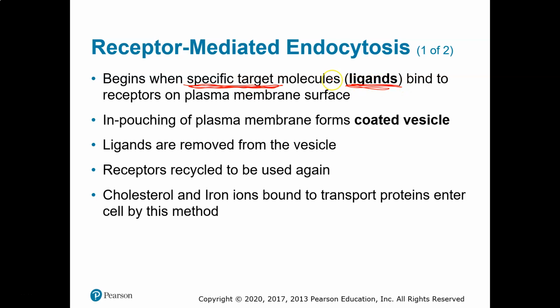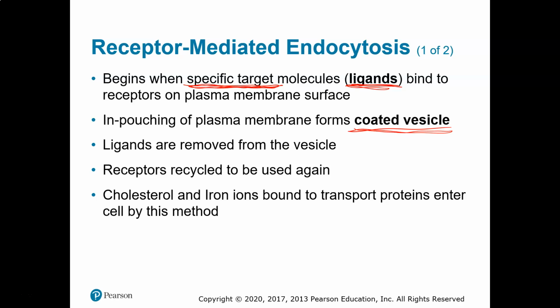The molecule is called a ligand, and that ligand will bind to receptors on the plasma membrane surface, and then the plasma membrane will form a pouch, an in-pouching of the plasma membrane, and it forms a coated vesicle coated with the ligands and the receptors.